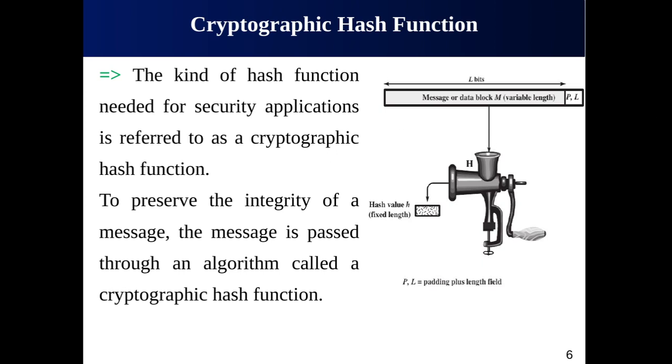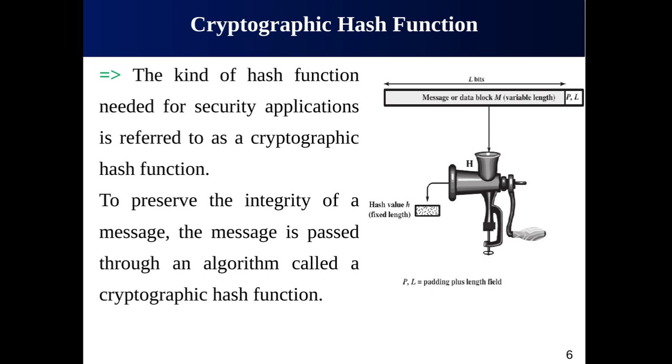Another concept related to the hash function is the cryptographic hash function. The concept is the same. It is the kind of hash function that is needed for security applications. The focus of the cryptographic hash function is on securing the applications, and normally they are used to preserve the integrity of a message. To achieve the integrity of a message, the input message is passed through an algorithm, and that algorithm is referred to as a cryptographic hash function.